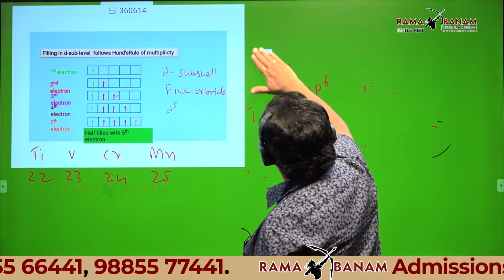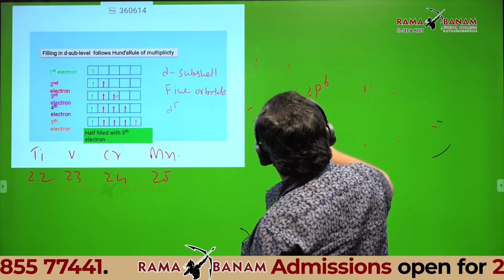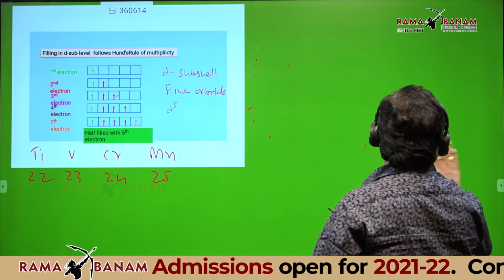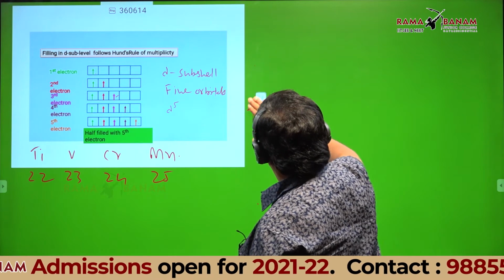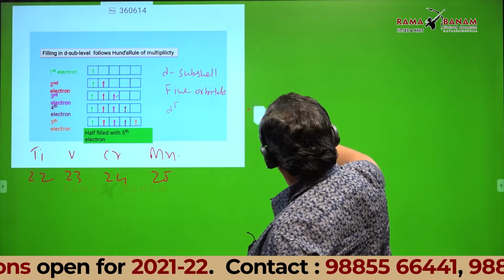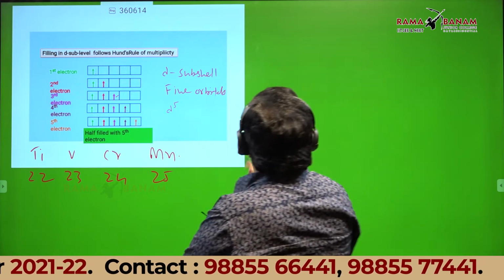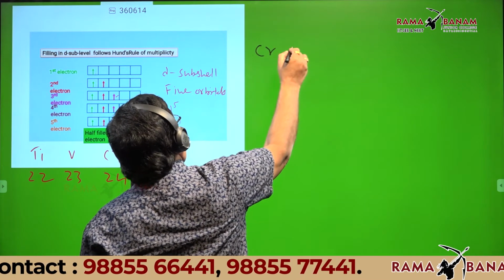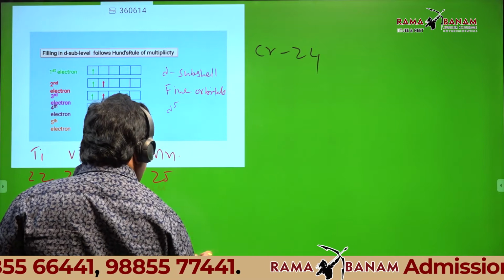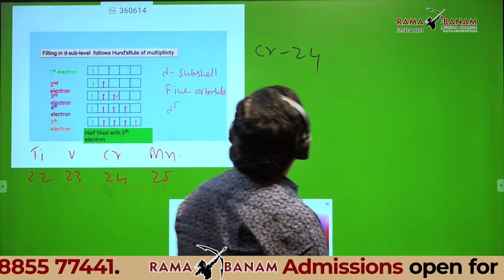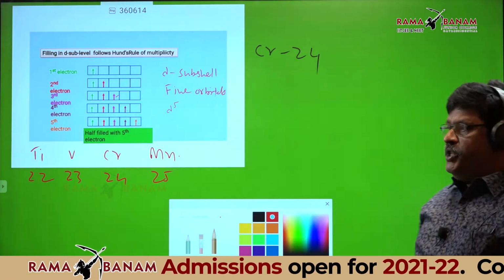Wait, students. There is an anomaly in the case of chromium. Chromium atomic number is 24. Listen to me, students.